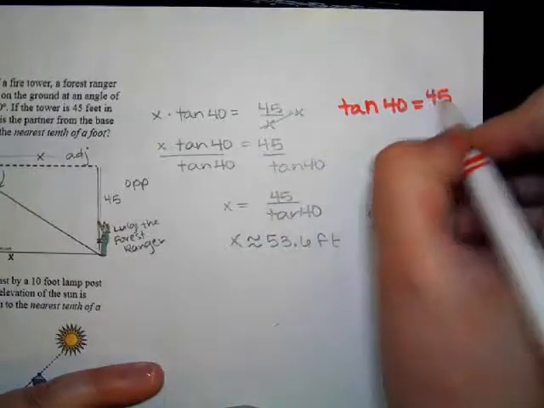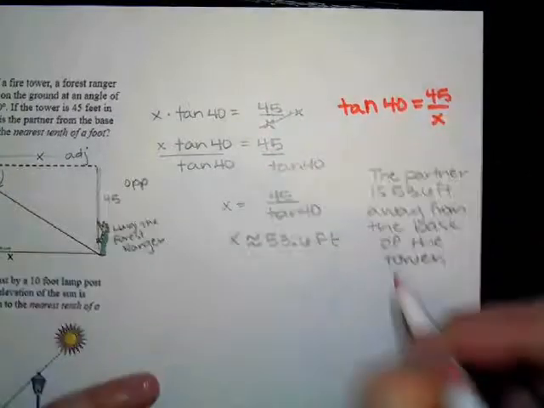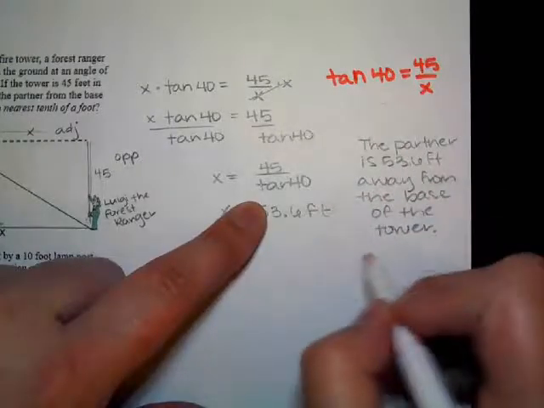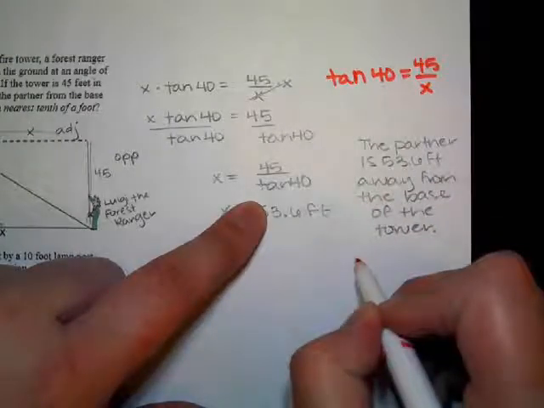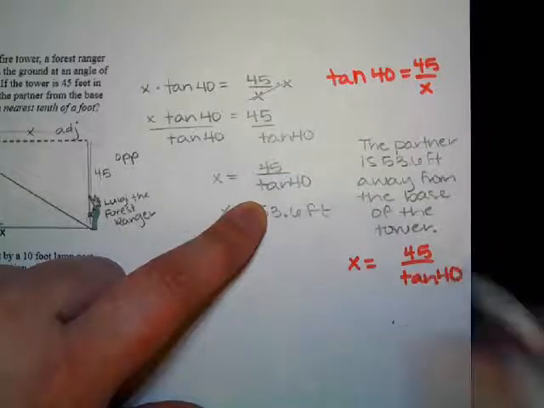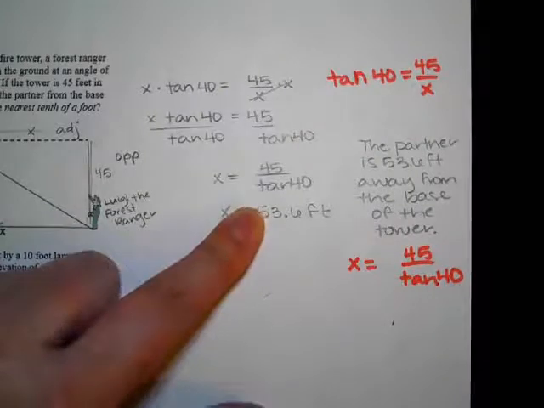And then when we finished, figured out what we were plugging into the calculator, we said 5 over tan 40. You guys see that? That's after we did the algebra to solve. What happened?